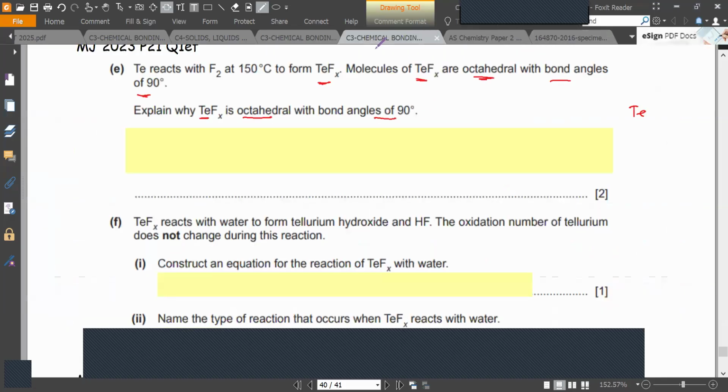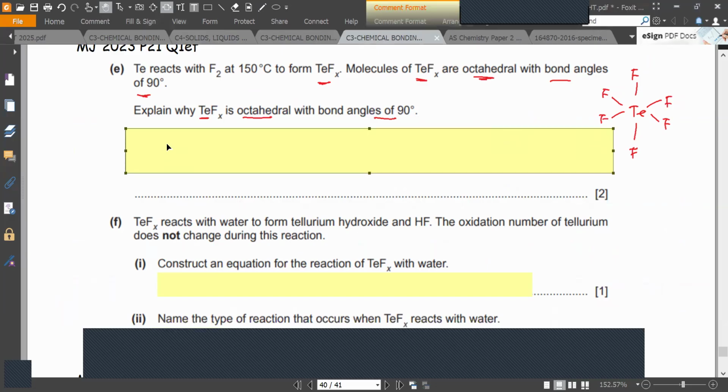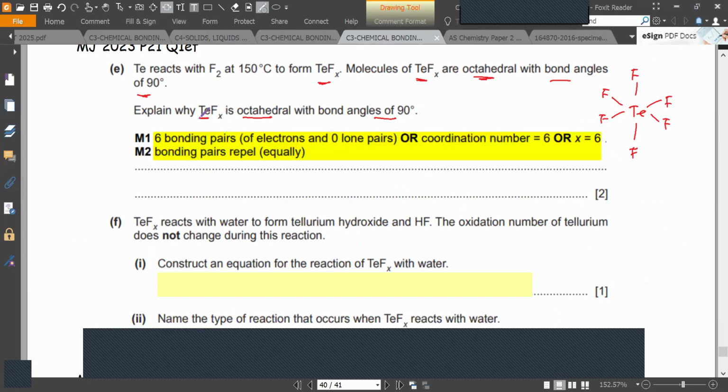In this case, if we are given that it forms octahedral, it means it's like this. We expect the structure to be like this. TeF6 is octahedral with bond angles of 90 because it has 6 bonding pairs of electrons, or coordination number of 6.